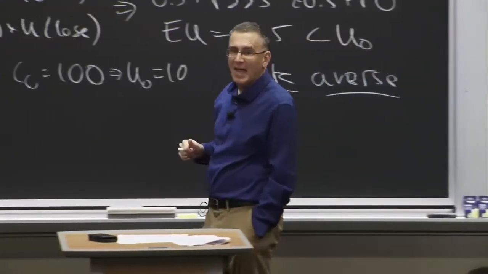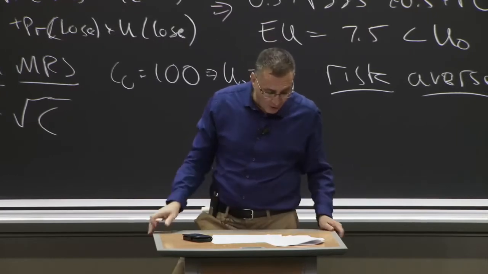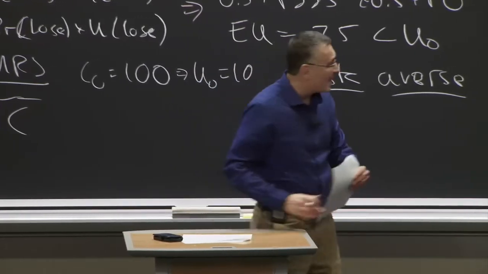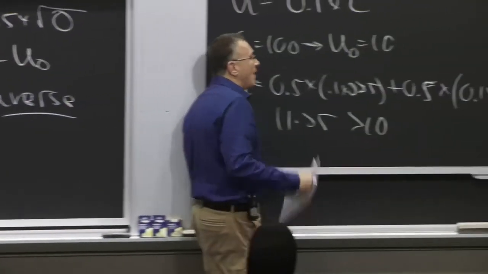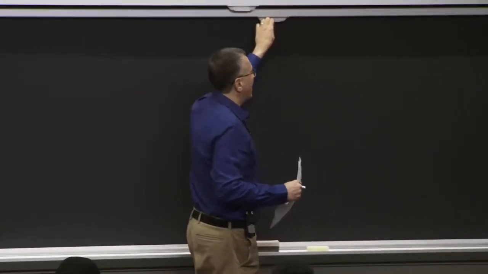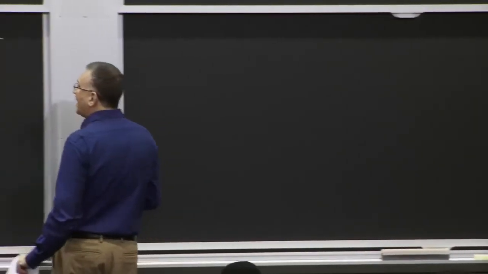And why is that? It's because of exactly what you just pointed out. Let's go back to our old utility function, U equals square root of C. Let's think about that bet. What's the expected utility?